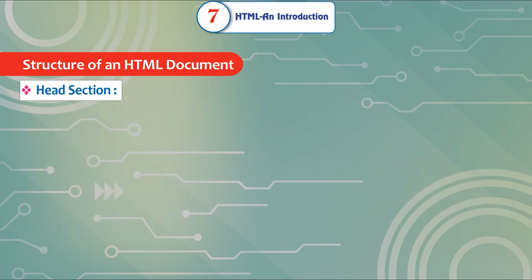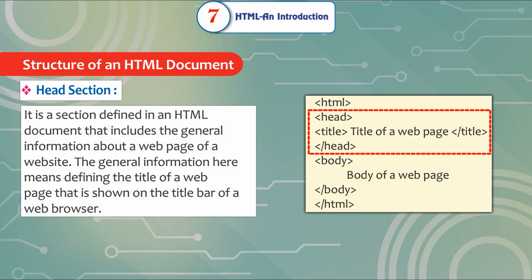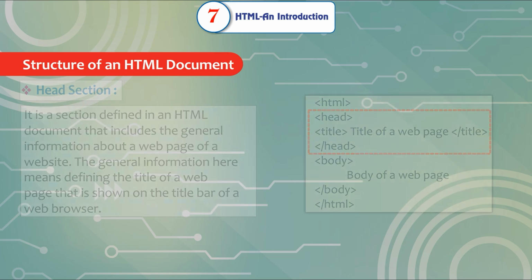Head section. It is a section defined in an HTML document that includes the general information about a web page of a website. The general information here means defining the title of a web page that is shown on the title bar of a web browser.